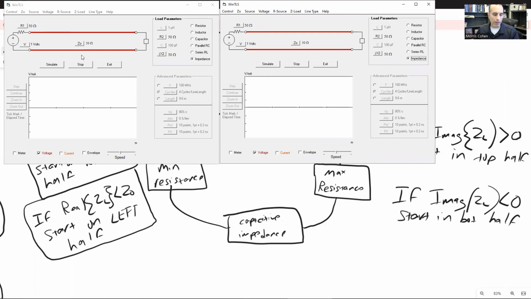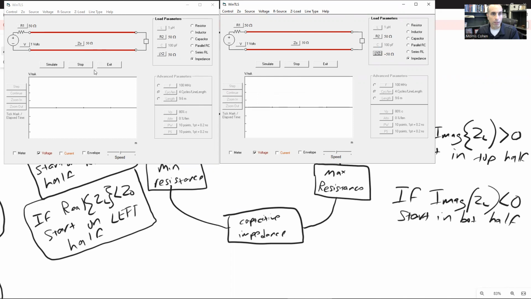In this left window, I'm going to set the imaginary component of the impedance to be 50 ohms. And in this one, I'm going to make it negative 50 ohms. So this left one basically has some inductance to it, and the right one has some capacitance to it. They both also have a 50 ohm impedance to it.